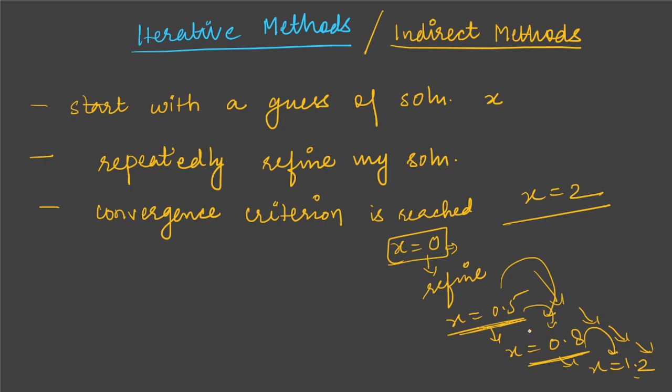Okay, so that's how the iterative methods work: we start with a guess of the solution x and then repeatedly refine the solution until a certain convergence criteria is reached. That is why iterative methods are generally less efficient than their direct counterparts, due to the large number of iterations.